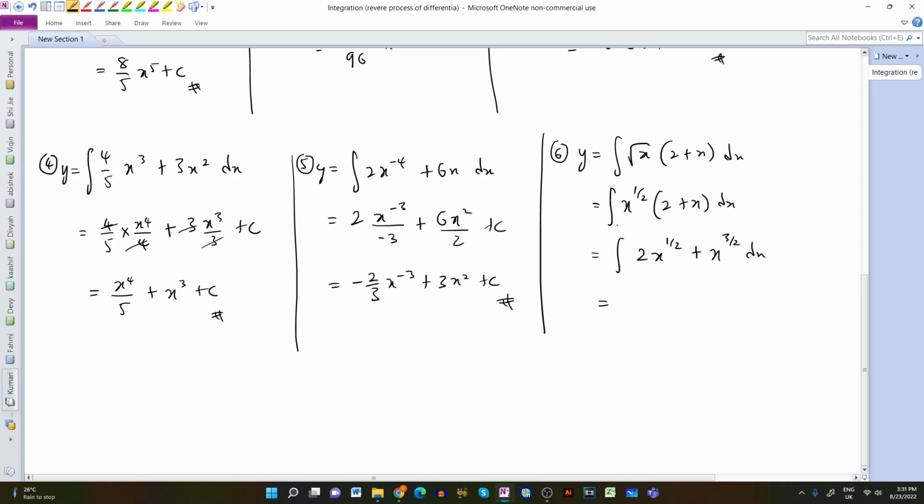Yes, after this you have to integrate. I just simplified it for you here. Okay.